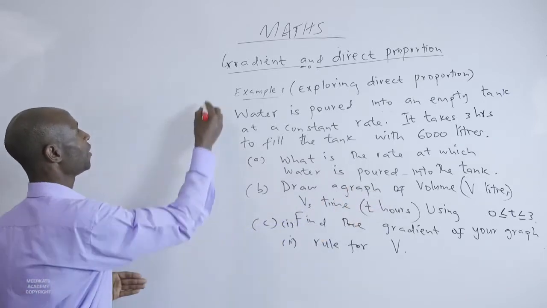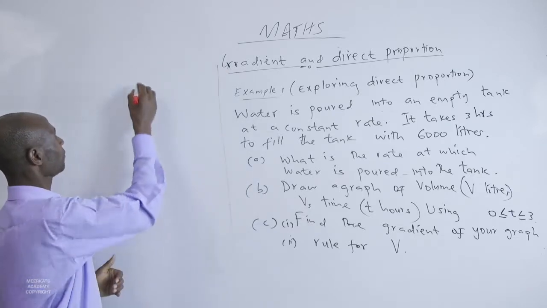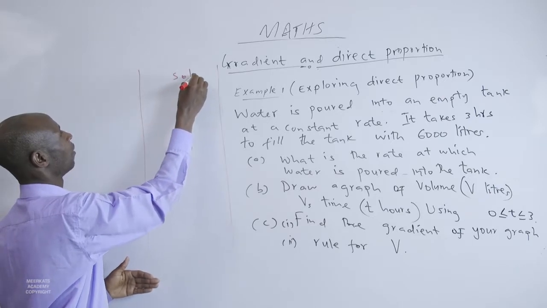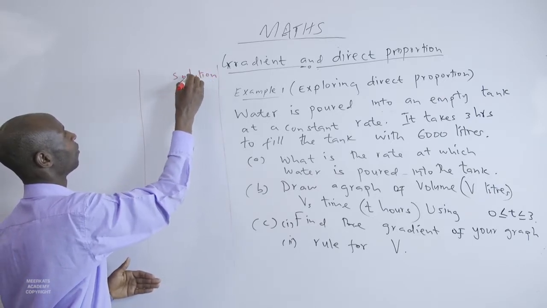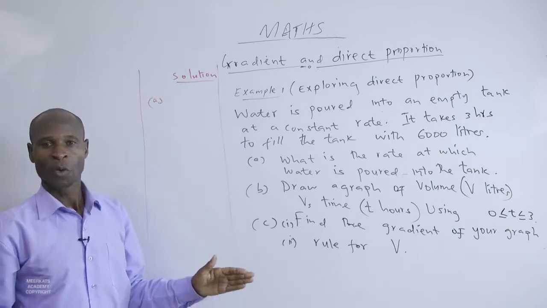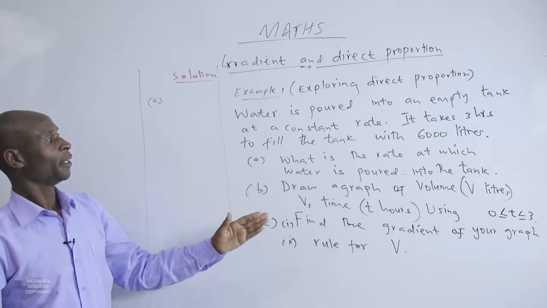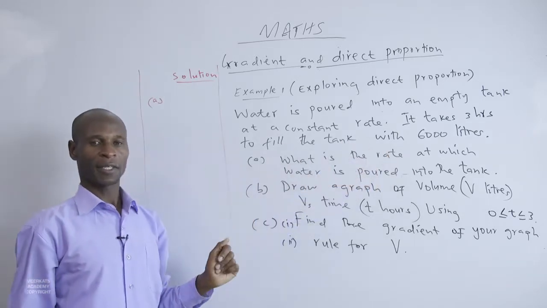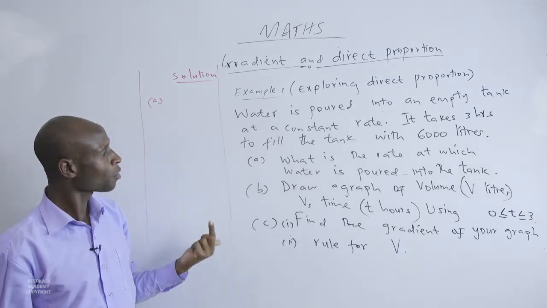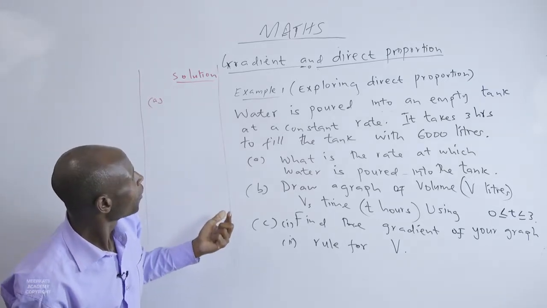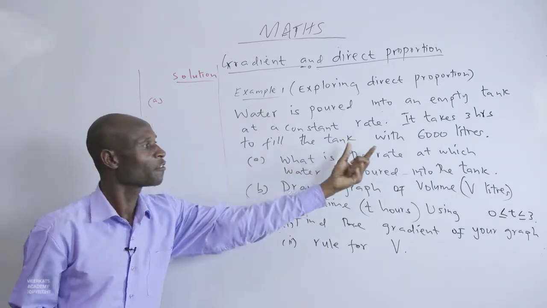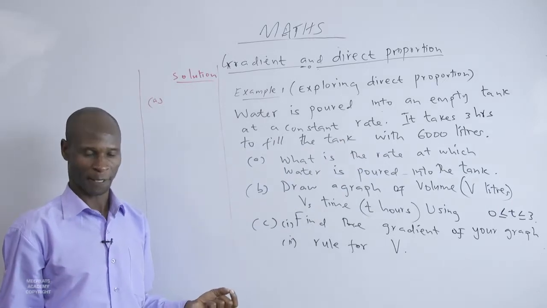So, in that part A, we need to understand that 6,000 liters, that's the volume of water inside that particular tank, took 3 hours for us to have 6,000 liters of water.